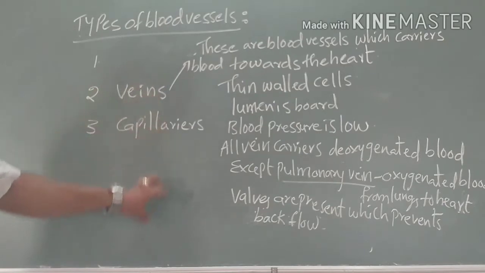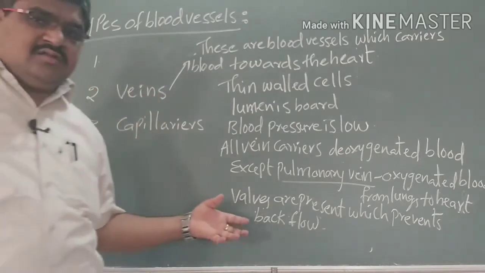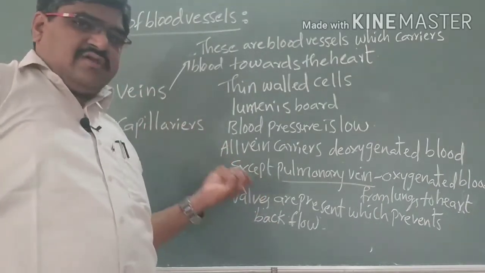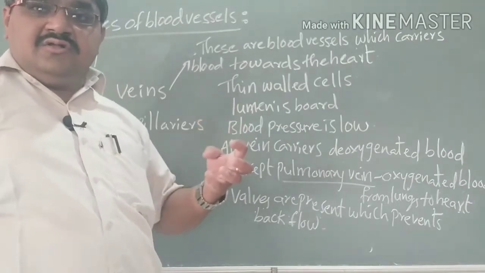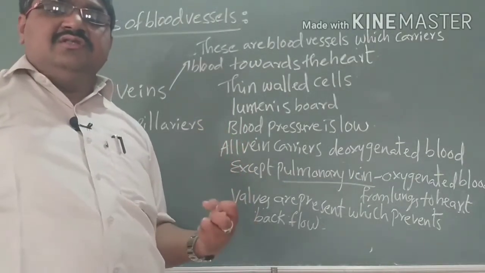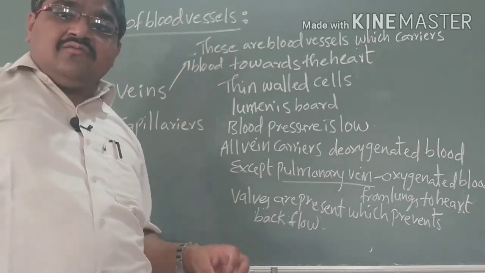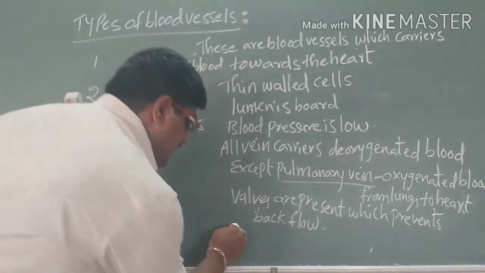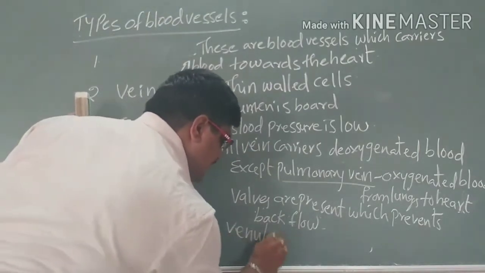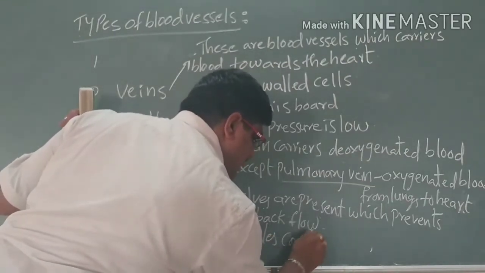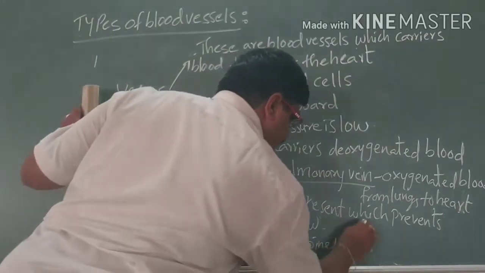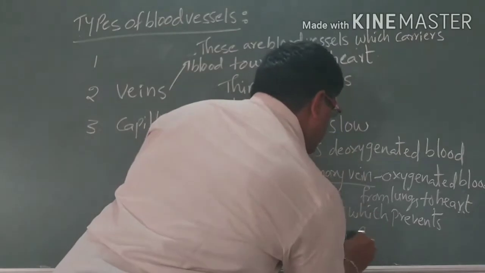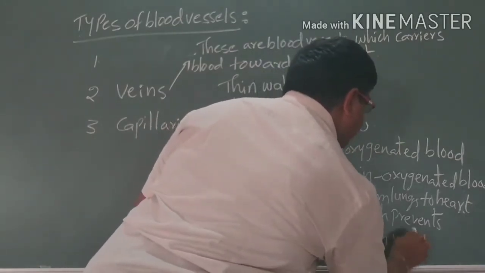The arteries are divided into arterioles. These arterioles are joined with venules. All venules combine together to form the veins.